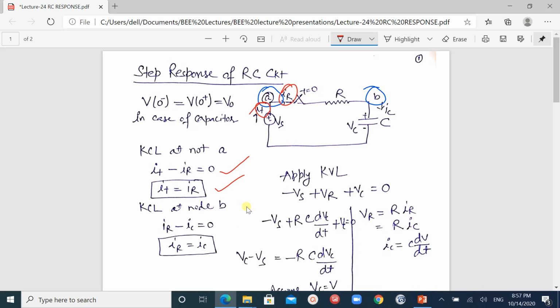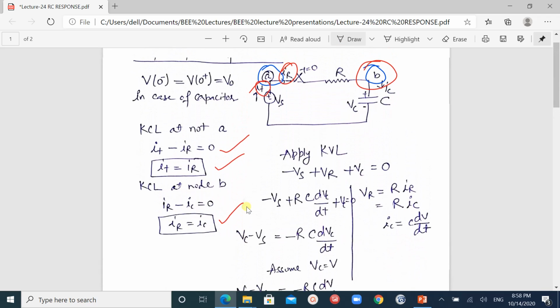Then apply the KCL at this node, node B. In this node we are having the current IR minus IC is equals to 0. So IR is equals to IC. So we are having two equations of currents at node A and at node B. Now apply the KVL on this circuit.